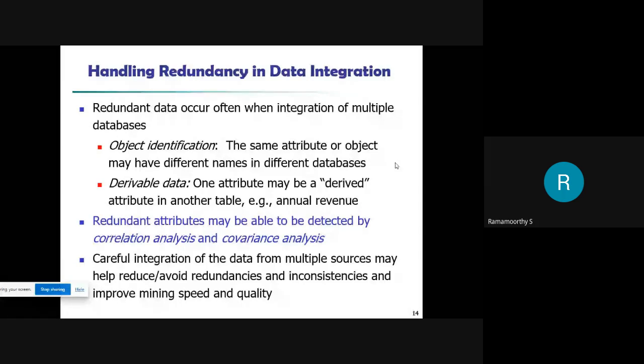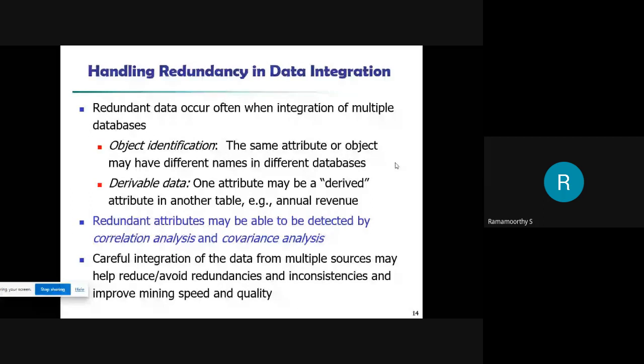So, object identification and derivable data. The same attribute or object may have different names in different databases. The name may differ, but the values can be the same.